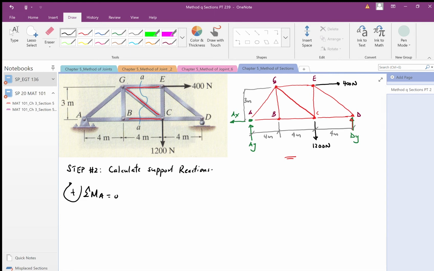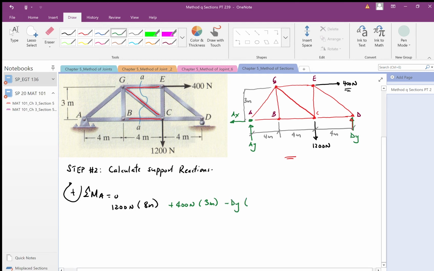When I do that, we're going to have 1,200 newtons times 8 meters, and then we have this 400 newtons times 3 meters, that's going to be a positive 400 newtons times 3 meters, and then minus Dy, over a value of 12, equals 0.